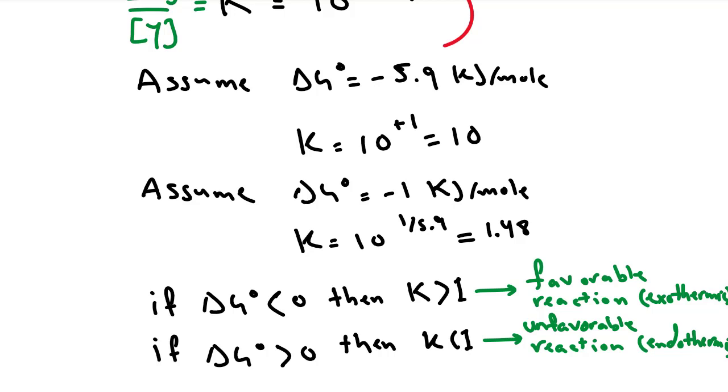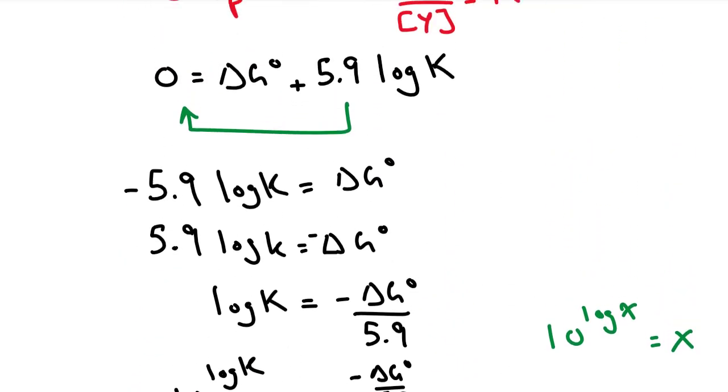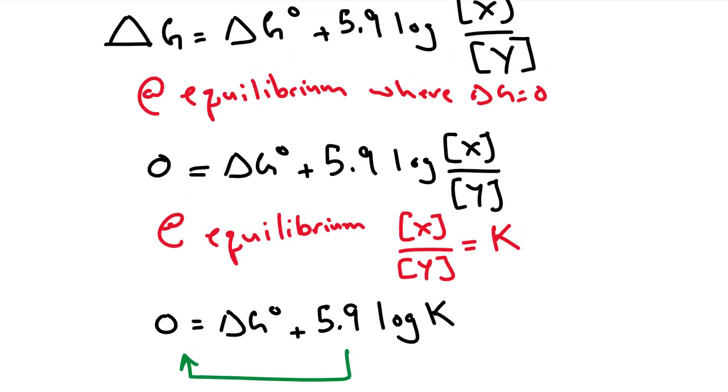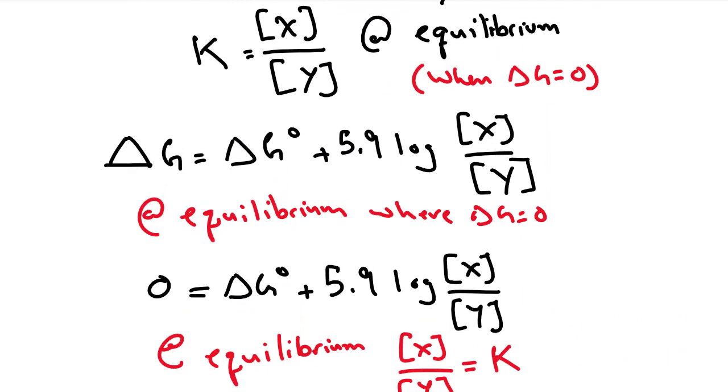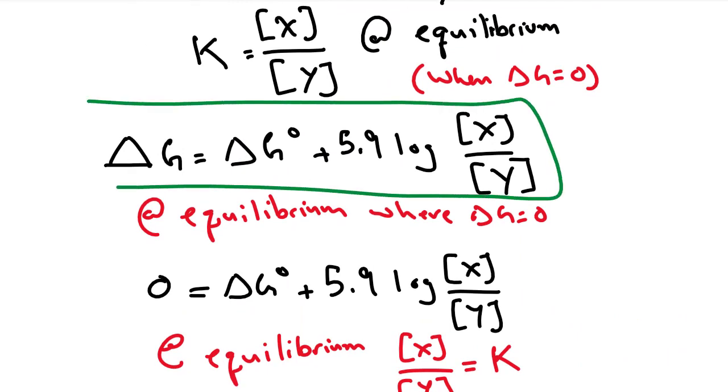Why? Because in our equation, the one that we're going to be using here, let's go back up here. Yep, here's our equation, right? There are really 4 unknowns: x, y, delta G standard, and delta G, right?